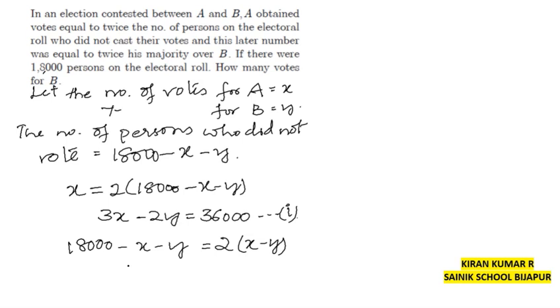Therefore, upon simplification, we get 3X minus Y equal to 18,000. This is my equation 2.